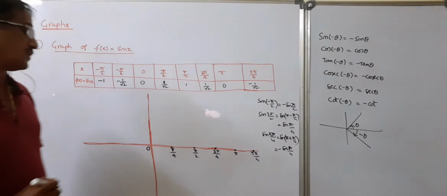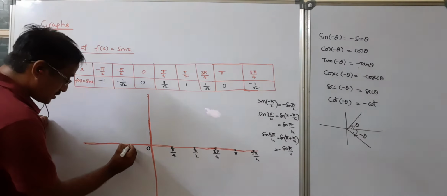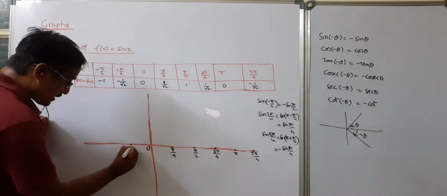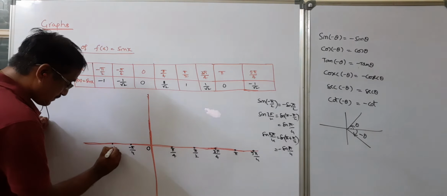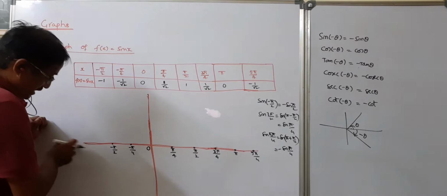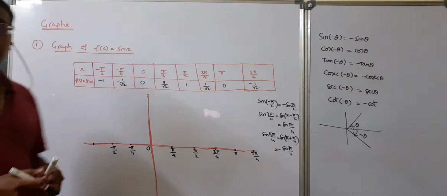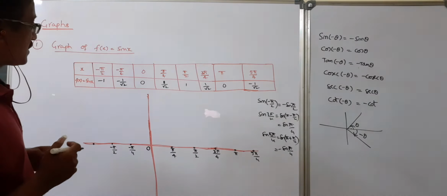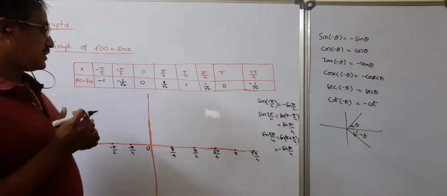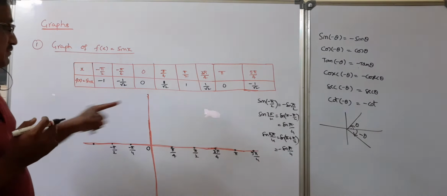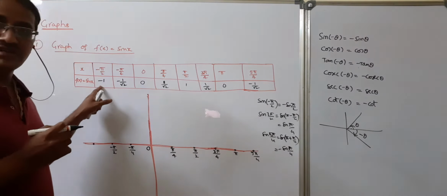Now, on the negative side also, minus pi by 4, minus pi by 2. And you can take as many values as you can on negative x-axis also. Now look at those corresponding values. You can see the maximum value is 1 and the minimum value is minus 1.